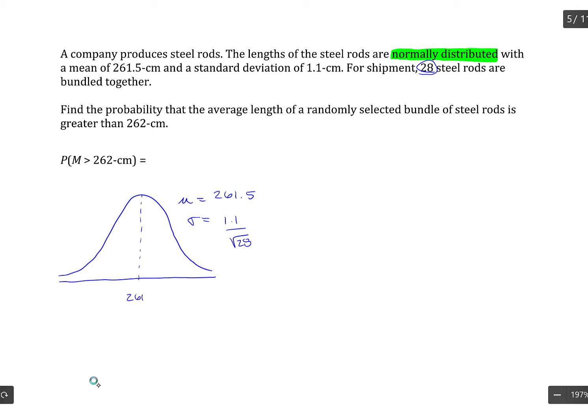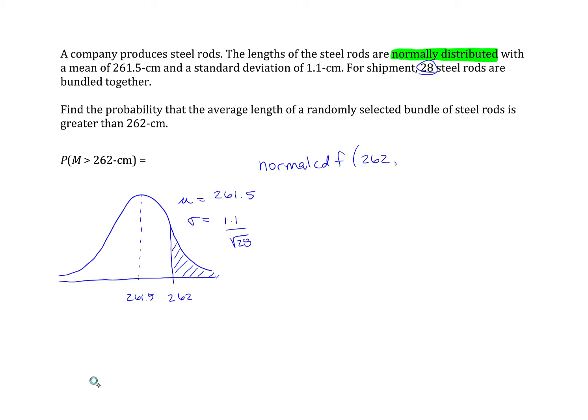So the mean of 261.5 is right here. We're looking for steel rods that are 262 centimeters or greater. So I would use the normal CDF function and give it my inputs. The lower bound is 262.